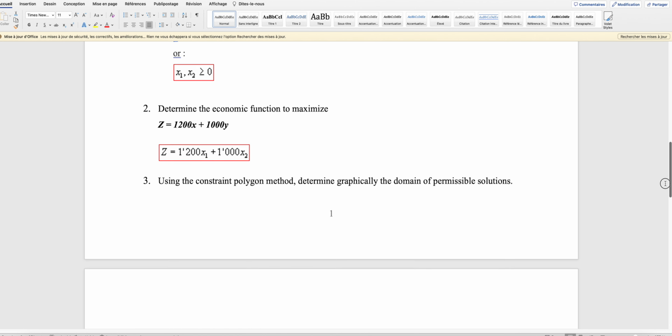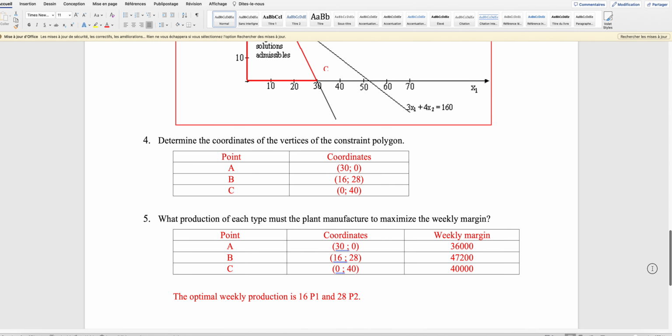So we have to multiply 30 by 1,200, and we add 0 multiplied by 1,000. We obtain naturally only 30 multiplied by 1,200 euros.